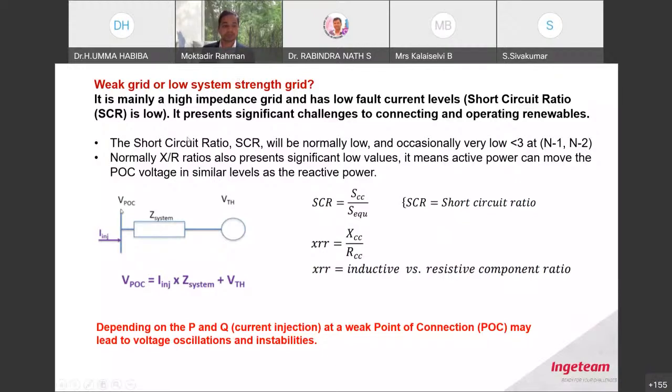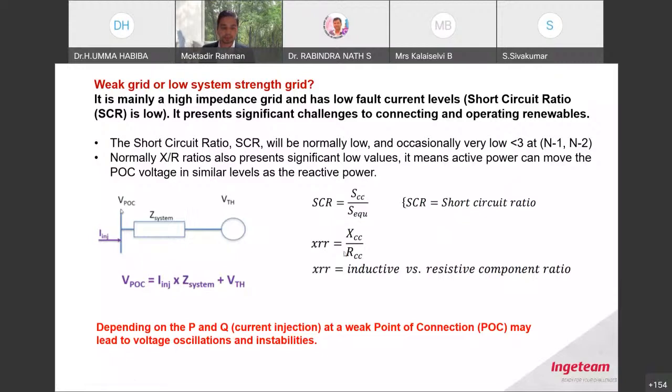we define a parameter called the short circuit ratio. For example, this is your Thevenin impedance, which represents your grid, the grid impedance. This is the way we do simulation, and then there is a point of connection where your plant will be connected. If the grid impedance is very high, that means your system is weak.